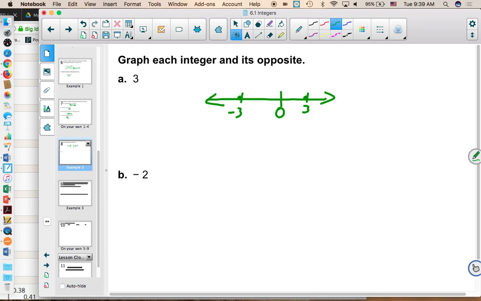All right, pick somebody, please. Gonna graph -2 and its opposite. All right, thank you. Pick somebody else. Is she correct? Yes. Ladies and gentlemen, we've got 2 and -2. Good.